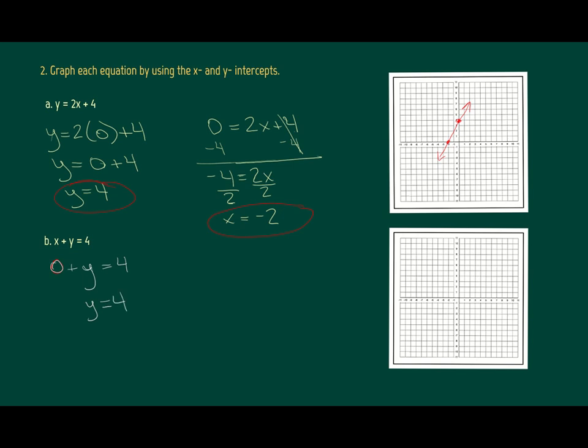And if I plug a 0 in for y, I get x plus 0 equals 4. So same thing, x equals 4. So both of my x and y intercepts are 4 in this case. So I'm going to go to where y equals 4 and where x equals 4. And I'm going to draw my line. That's how you do it.